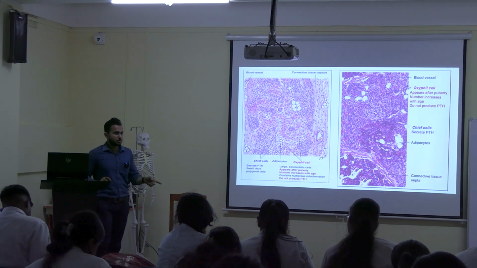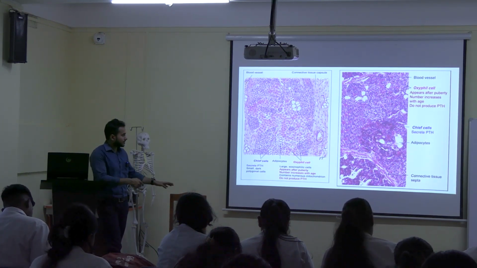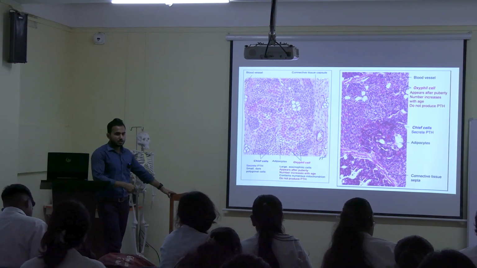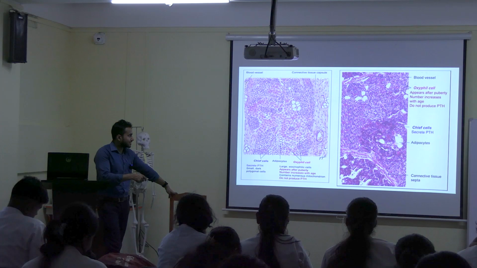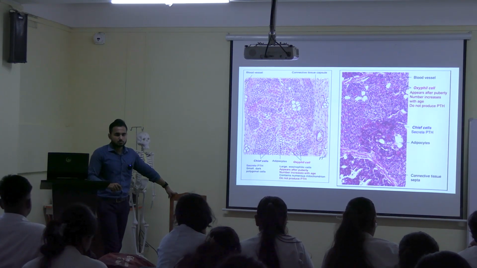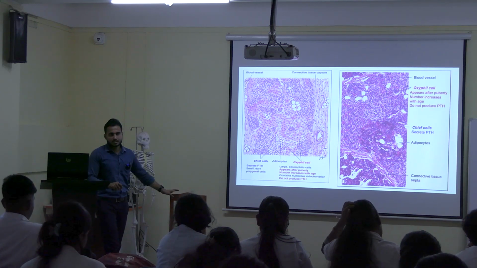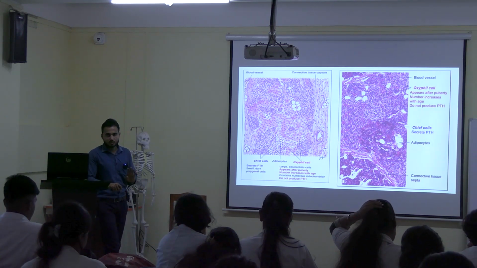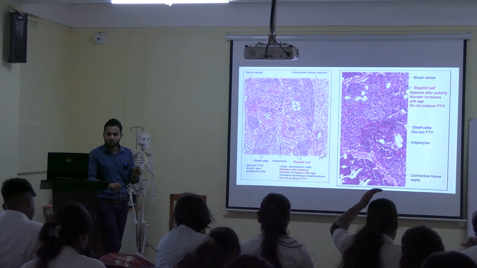Second point, the size of the chief cells is smaller, and the size of the oxyphil cells is larger. First is the number, second is the size. Which has the larger size? Oxyphil cells. The size of the chief cell is smaller.